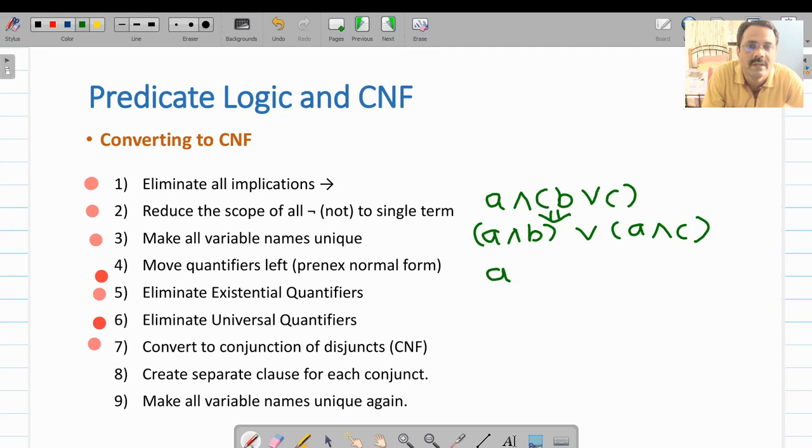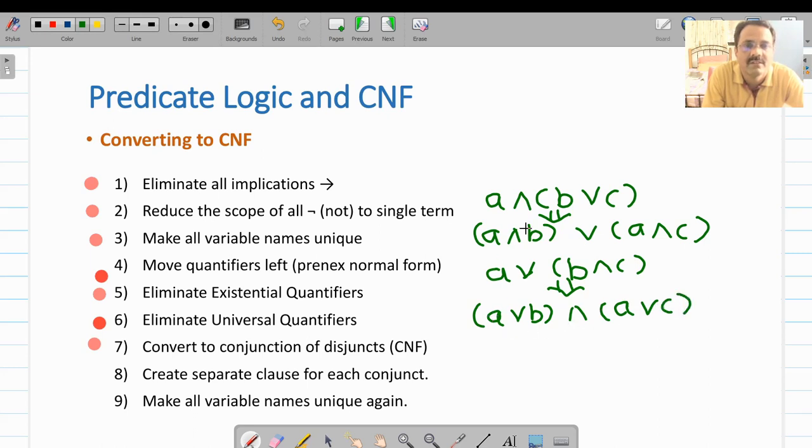Or you may have A or B and C. We know that this is equivalent to A or B and A or C. So this is the required form.